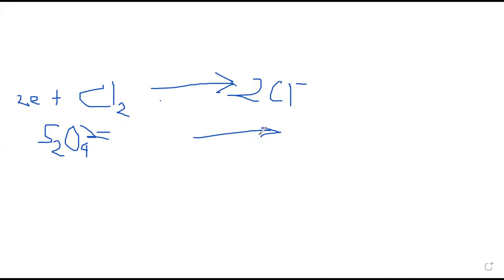The sodium thiosulfate forms sulfate what? Sulfate ions. Is that clear with you? Yes, sir. Now we want to balance this equation and then combine the 2 equations. How shall I balance this equation? Look at this. We have 2 sulfur here, yet this is 1. You see that?